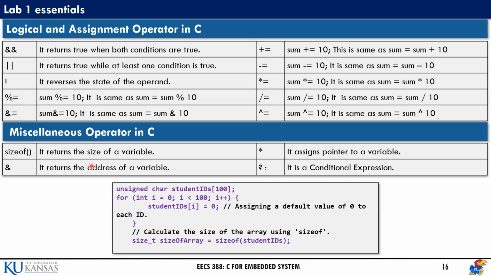For example, you want to create an array of 100 student IDs, and the ID number is between 0 and 255, right?